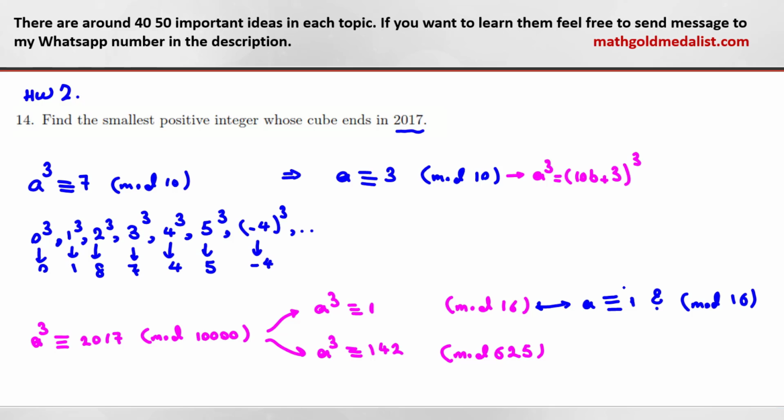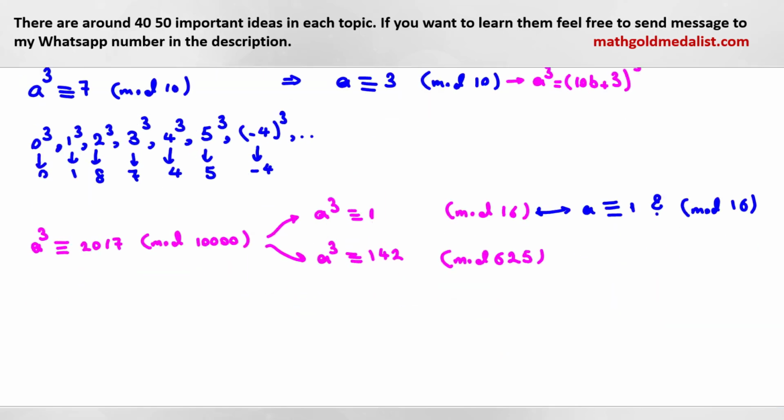Is it 1 and 7? One and seven. Yeah. You've checked all of them, right? Okay, and mod 16, because 16 is a small number, is easy. A mod 16 can be 0, plus minus 1, plus minus 2, plus minus 3, plus minus 4, plus minus 5.